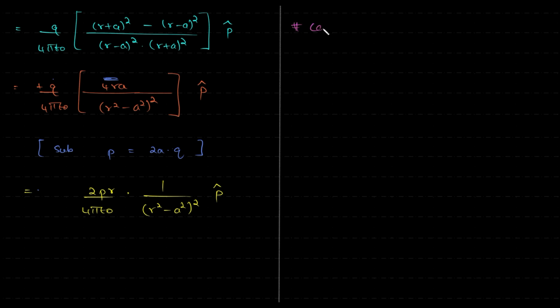What if we have r a lot greater than a, far away from the dipole? What happens? R square minus a square will be approximately equal to r square, right? Therefore, your electrical field at point P will be equal to 2pr divided by 4 pi epsilon naught into 1 by r to the power of 4.